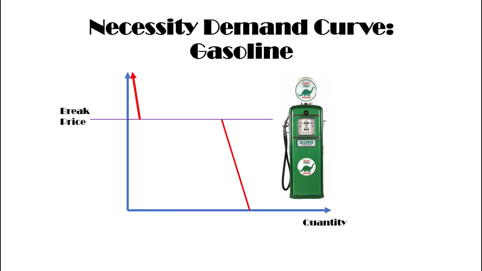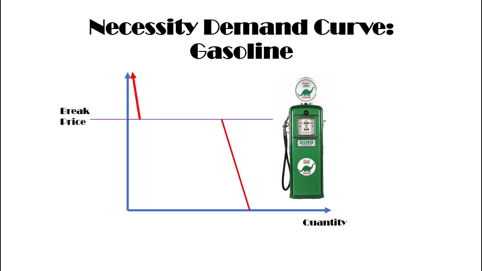Maybe some lower income individuals will batch their trips or not drive as much to save money or not travel really. But the degree of the change in quantity demanded by price is not nearly as consistent or as flowing as, say, tennis balls.